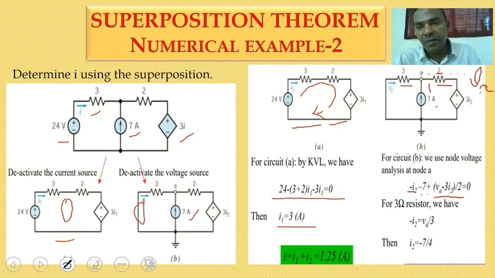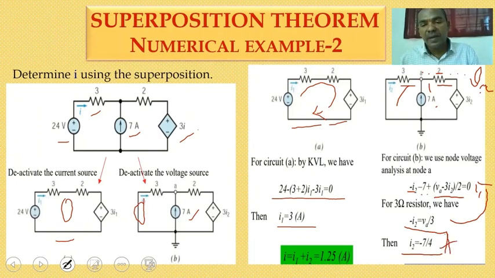And also, what is the current flowing through the 3 ohm resistor? Minus I2 is equal to VA by 3. Now substituting this value in the above equation, finally you can get I2 is equal to 7 by 4 amperes.